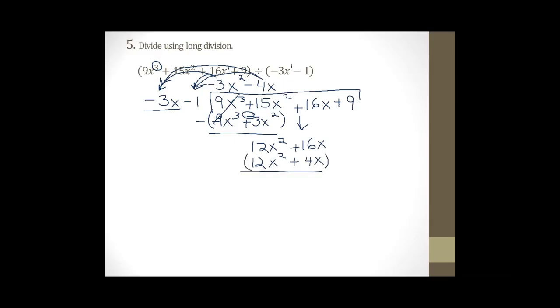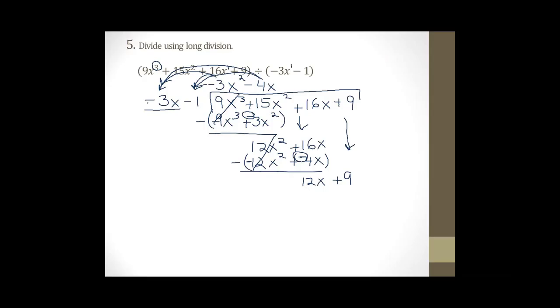Again, subtracting, which changes all the signs. This becomes negative, this also becomes negative. And now adding down, 12x squared minus 12x squared cancels out as 0, and then 16x minus 4x is 12x. Bringing down the last term, so plus 9.